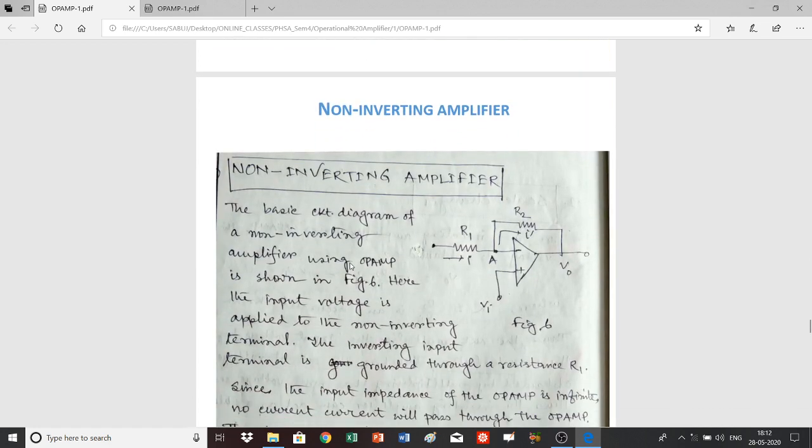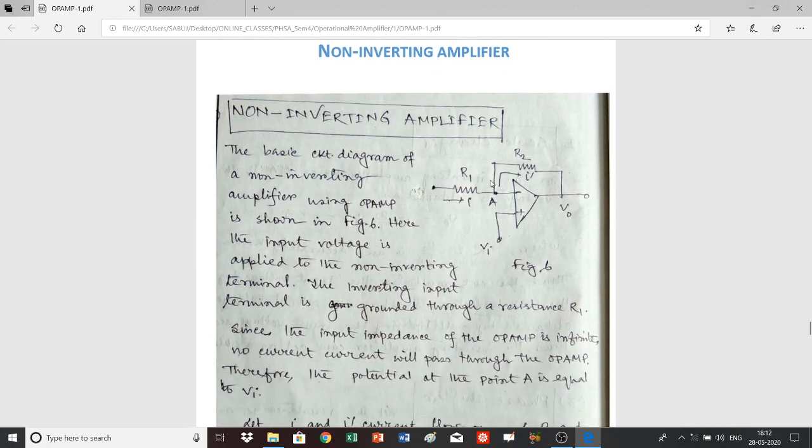Now come to another application of OPAMP, which is the non-inverting amplifier. Here is the basic diagram of a non-inverting amplifier, and you know that in the case of a non-inverting amplifier, the inverting input terminal is grounded through a resistance R1, and the input voltage is given to the non-inverting terminal.